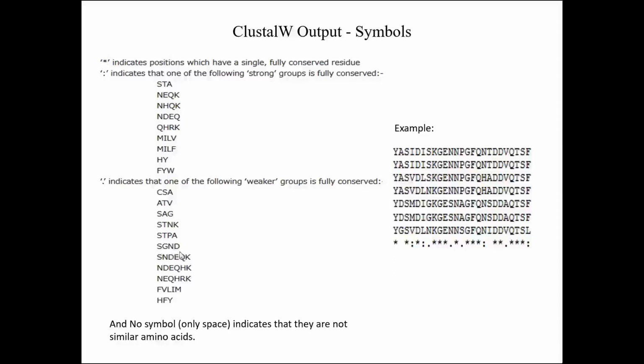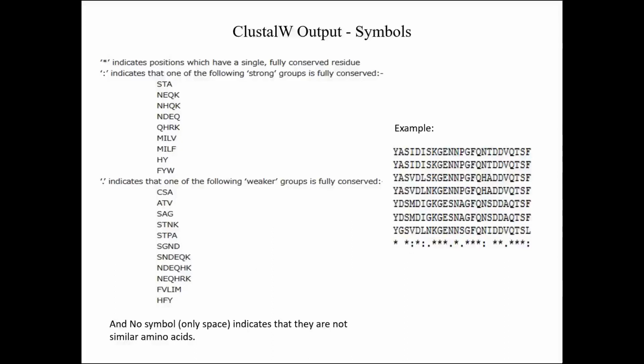So we know this set, they have weak similarity between them. So it is indicated by a single dot. Now here if you see, you have A, D and G. You can see here nowhere this A, D and G are seen in a same set. So they are indicated by a space. Means they are non-similar amino acids. They do not have any similarity between them.